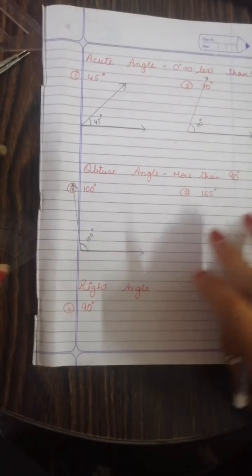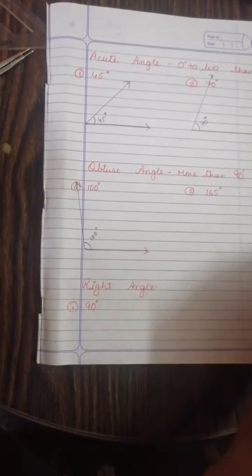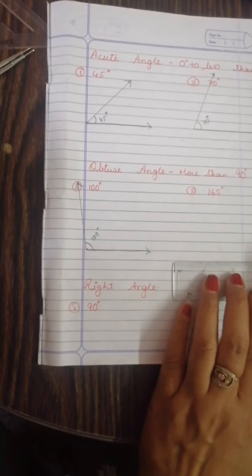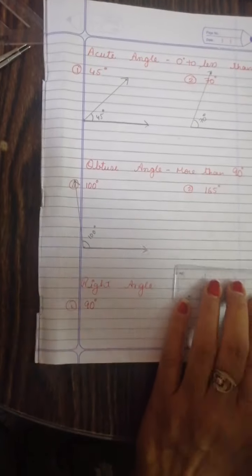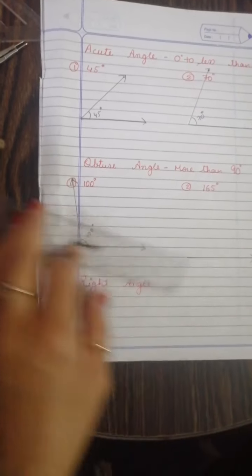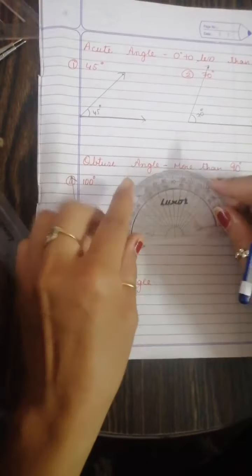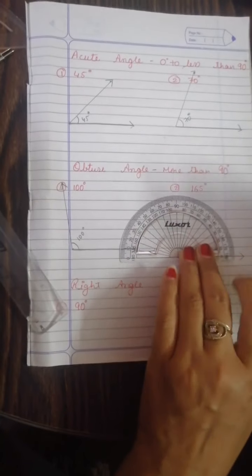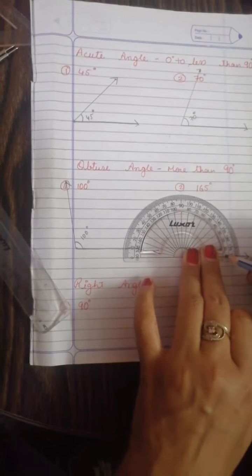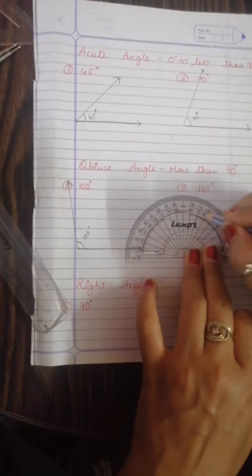Now we are going to make 165 degree angle. So again we will make a ray. Using the protractor, we will measure 165 degree. We will use the inner scale 0, 10, 20, 30, 40, 50, 60.